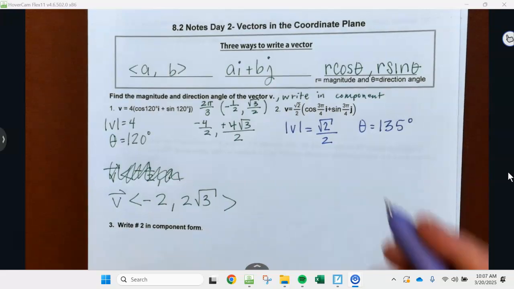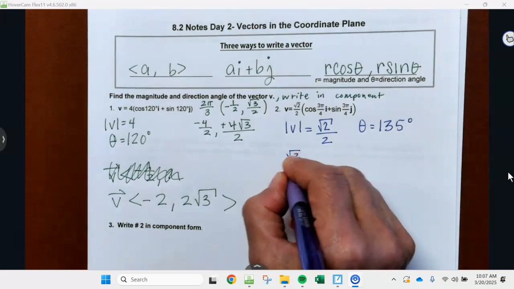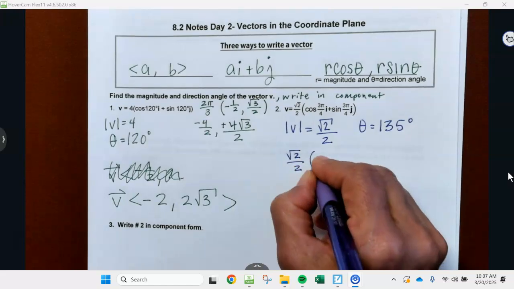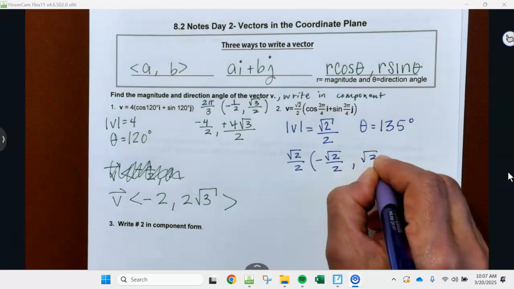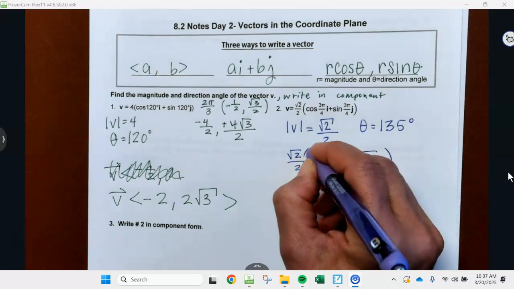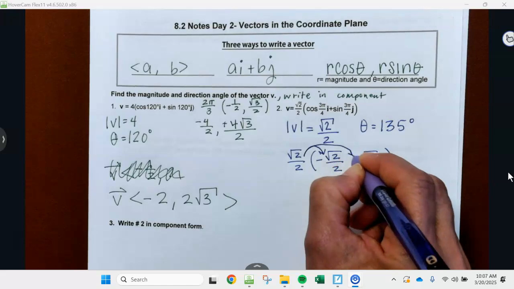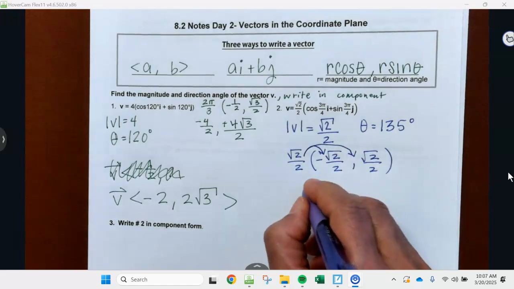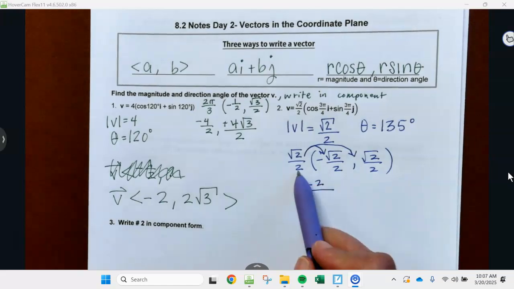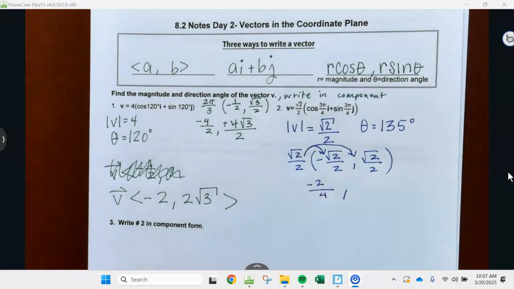Also, since it's in quadrant 2, we're going to take the magnitude and multiply it by the ordered pair for 135 degrees. Just distributing that magnitude. So root 2 times negative root 2, that's a negative root 2 on top. 2 times 2 is 4.